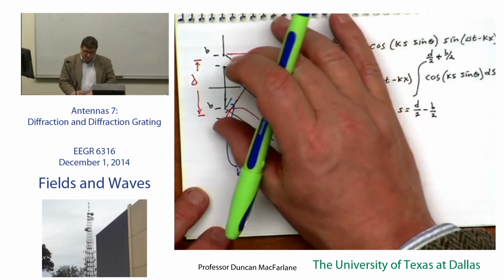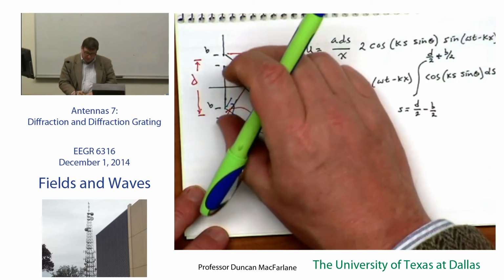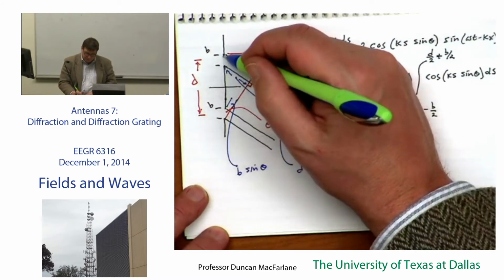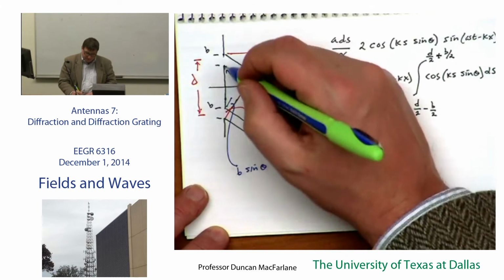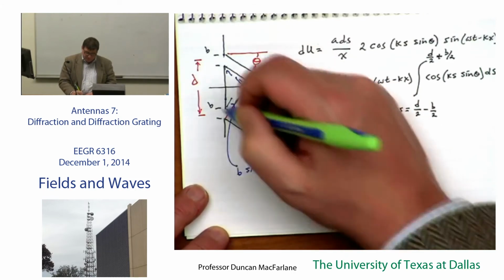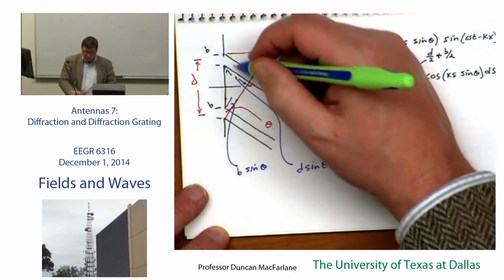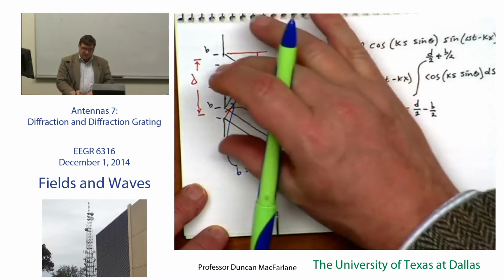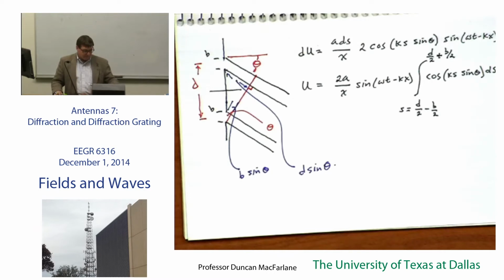So as I march my integration up from this point to this point, from this point to this point, I see relative phase shifts of b sine theta superimposed with relative phase shifts of d sine theta as I move those up.